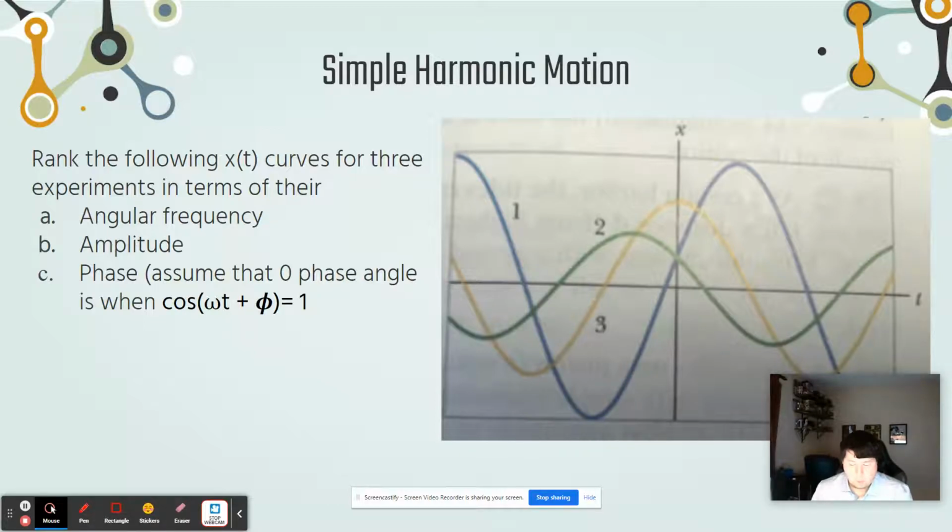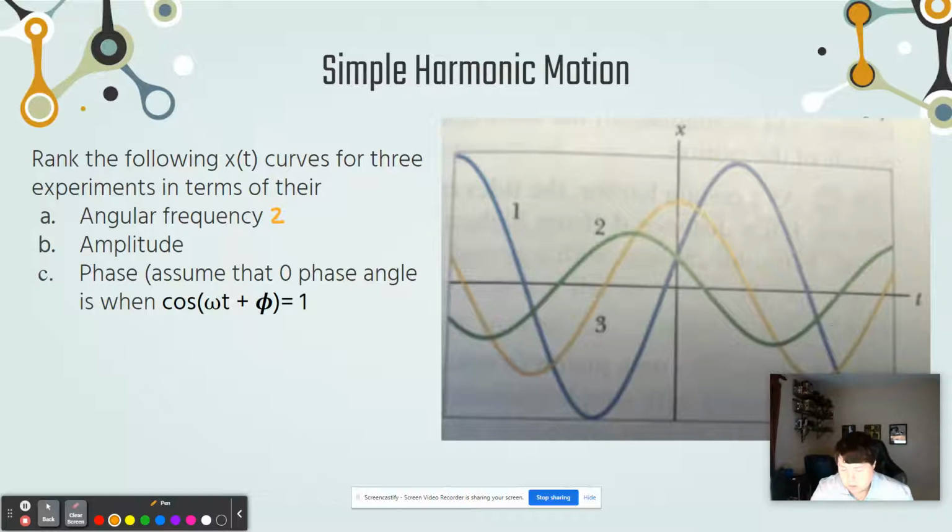Okay, so let's do angular frequency first. I'm going to go from smallest to largest. The one with the smallest frequency, the one taking the slowest amount of wiggles, is definitely 2, right? Because 2 definitely takes its time. It's not oscillating back and forth very fast.